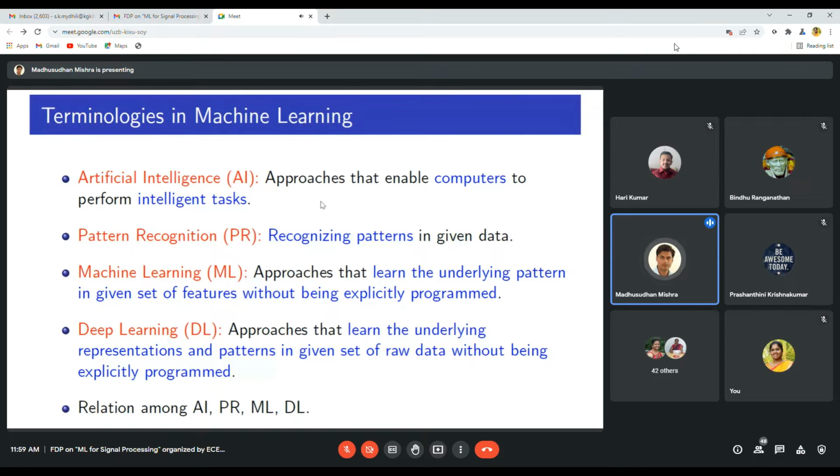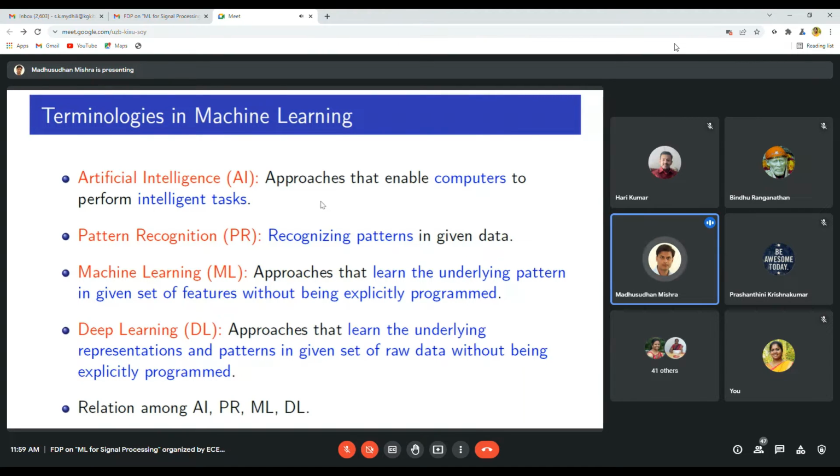Then we saw the block diagram of digital signal processing, some advantages of digital signal processing over analog signal processing, and that digital signal processing finds its application in various domains. One important application of signal processing is to extract information from the signal. And now we are moving towards machine learning.